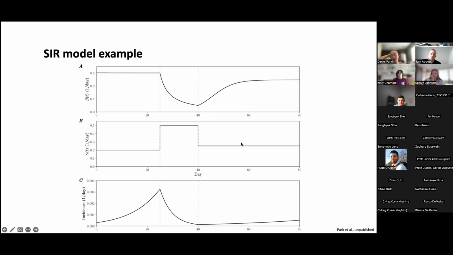Moving on to this example, in figure A we're showing a change in beta, and this change in beta corresponds to the incidence curve shown in panel C. It turns out that you can write down an identical change in gamma, panel B, which gives the same epidemic curve in panel C. So A and B are two different epidemic scenarios giving us the same incidence curve, the same epidemic trajectory shown in panel C. Let's start with panel A, the change in transmission scenario.